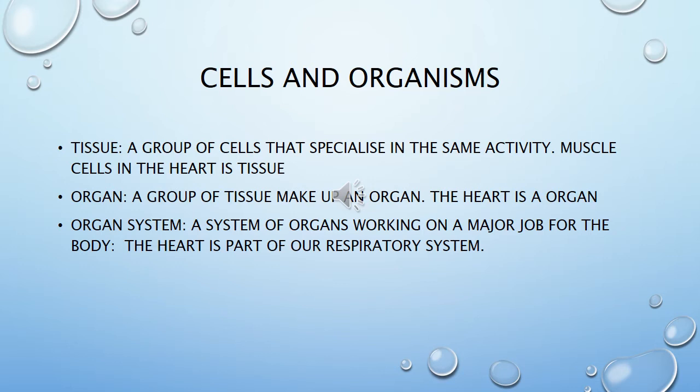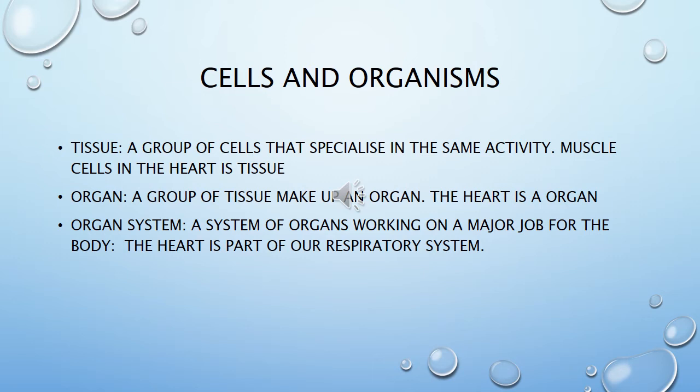So one thing we also need to look at is section 2.2 in the syllabus, which is the difference between tissue, organ, and organ systems. And here I just chose a part of the human heart, as this is something we will go over later in the syllabus. So a tissue is a group of cells that specialize in the same activity.